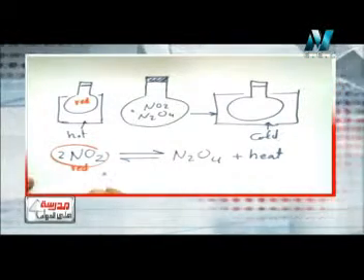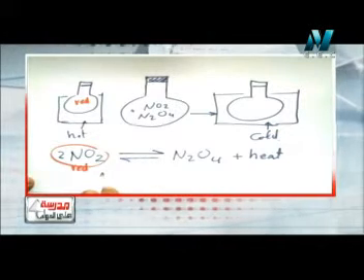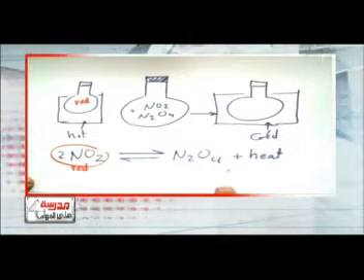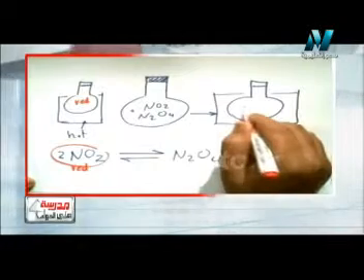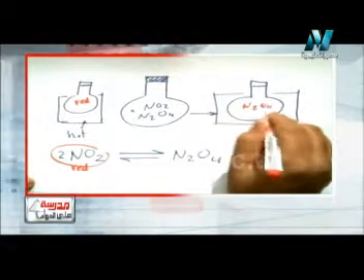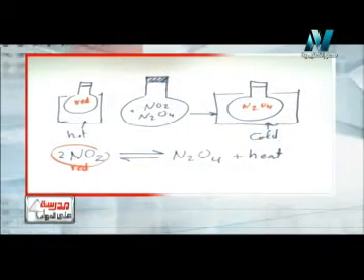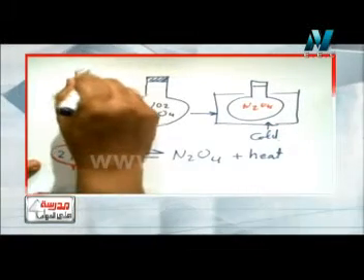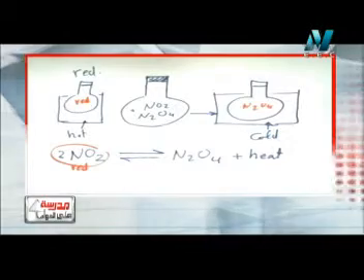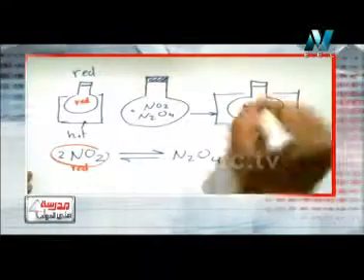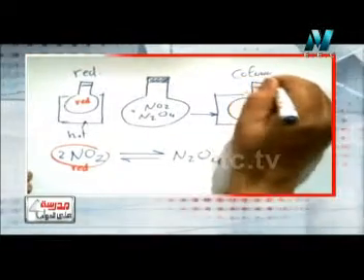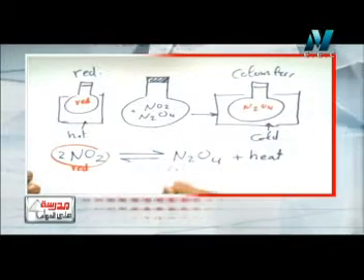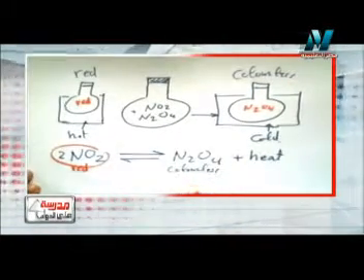When we put it in cold water, according to Le Chatelier, it will shift forward to increase N2O4. It will be colorless. So in hot water it will be reddish brown due to increased NO2, and in cold water it will be colorless due to increased N2O4.